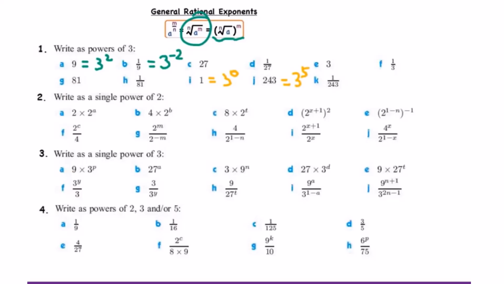Therefore, for 1 over 243, I can write 3 to the negative 5th power. For 1 over 3, I can write 3 to the negative 1st power.